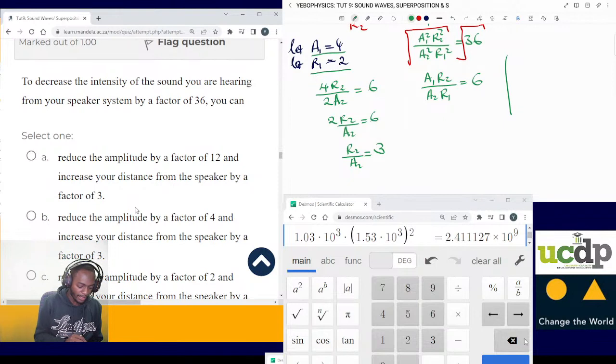What does that simplify to be? So it simplifies to this, and now we have to look for a ratio for R2, which is the distance, over the amplitude, which can give us a factor of 3.